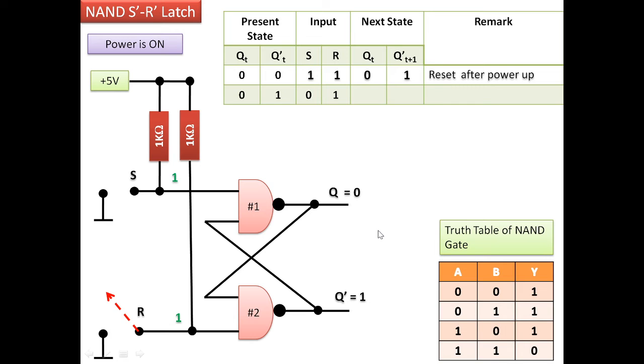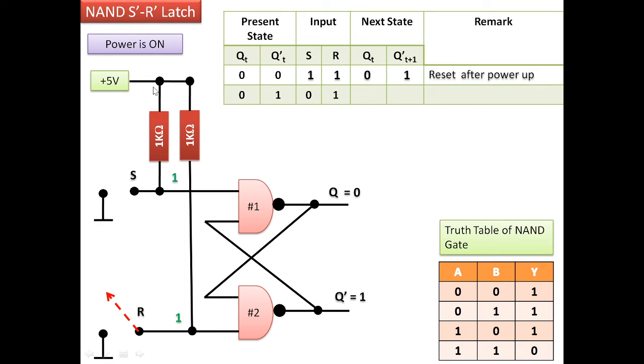In this circuit, we have considered the output to be 0, 1. So the present state is 0, 1. Output Q is 0, Q bar is 1, and both the terminals are presently open.